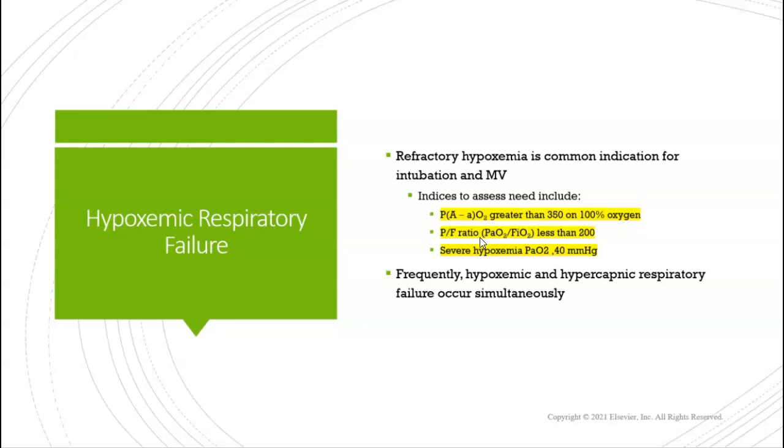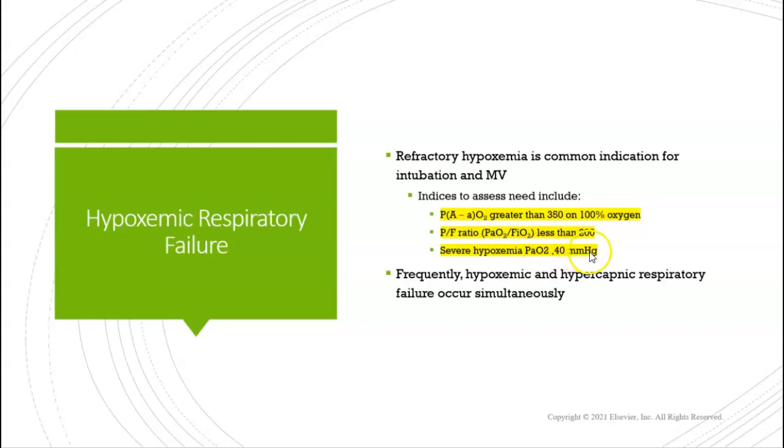So, this PF ratio is extremely easy to calculate. You're just taking that PaO2 from your ABG, dividing it by the FiO2. And then if it's less than 200, that means that your patient has respiratory distress syndrome and excessive amounts of lung inflammation and needs to be treated appropriately.